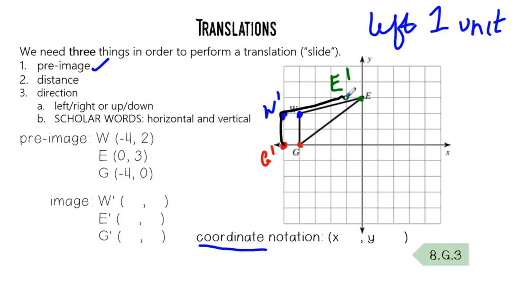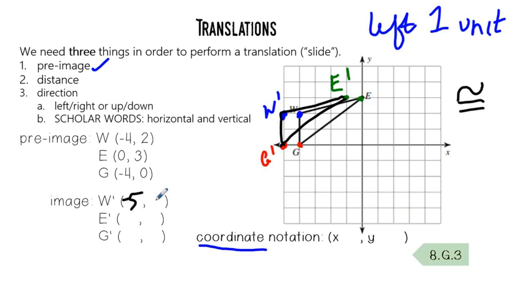I'm going to notice that my new triangle is the same size and shape as my original triangle. That means these 2 triangles are congruent. Same size, same shape. Only thing that has happened, it has shifted, translated, it has slid to the left. Let's look at our coordinates now. It looks like W prime is at negative 5, comma 2.